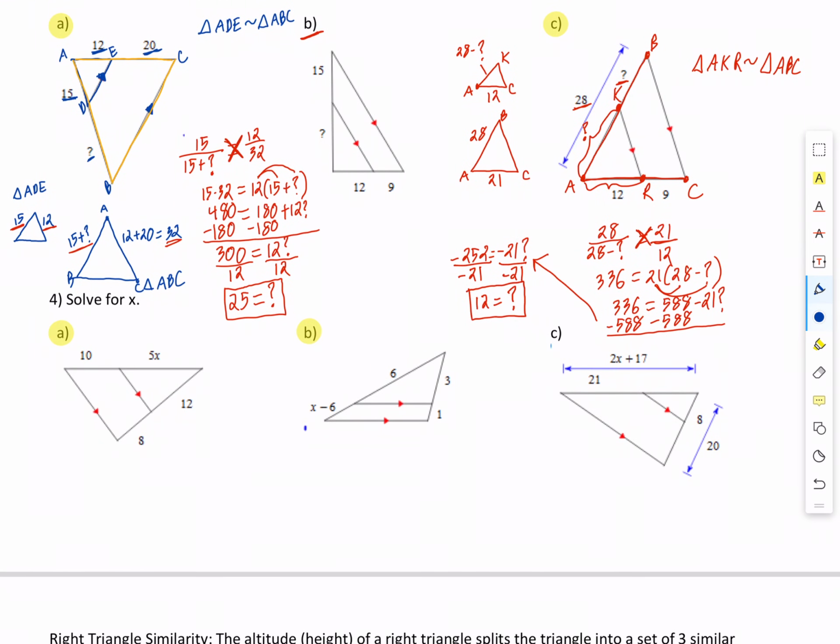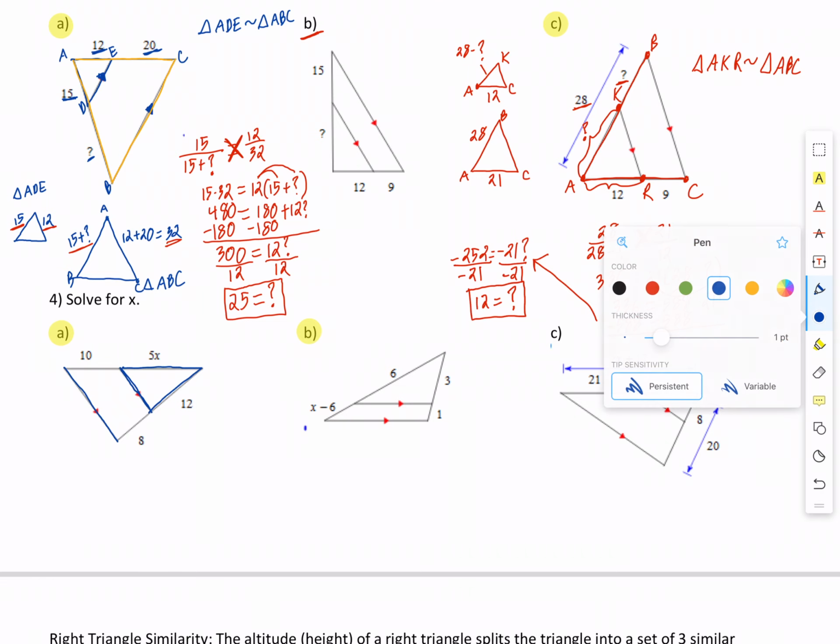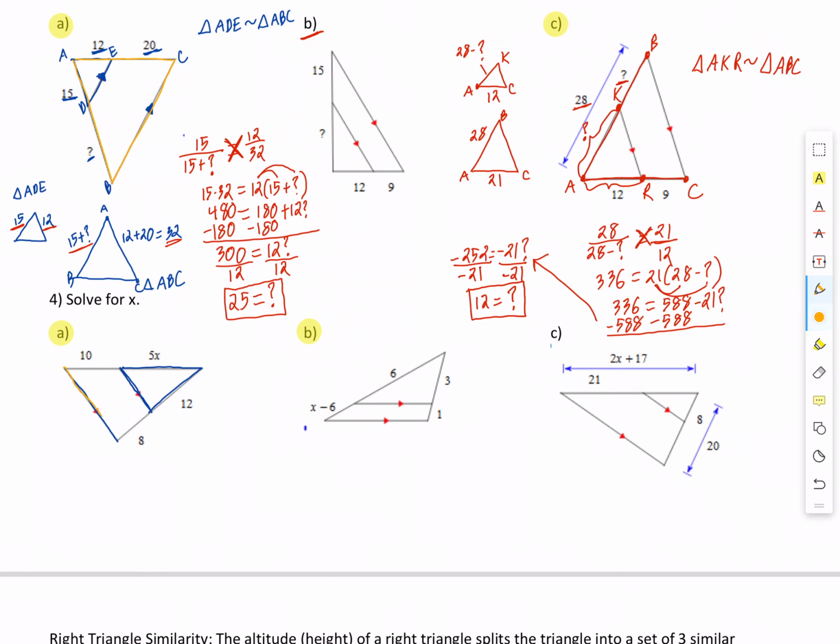So now, we have these two lines are parallel. So our little triangle right there is proportional to our bigger triangle right there.